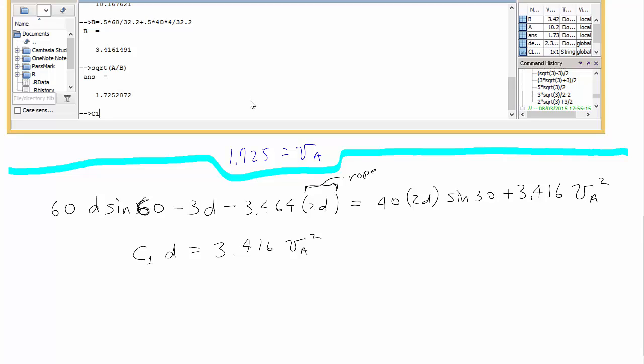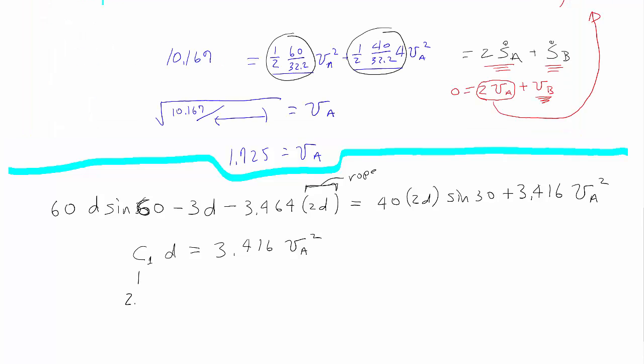C1 is equal to 60 times sine of 60 minus 3 minus 3.464 times 2, and then minus 40 times 2 times sine of 30, which ends up being 2.0335. 2.0335 times the distance it moved is 3.416 VA squared.